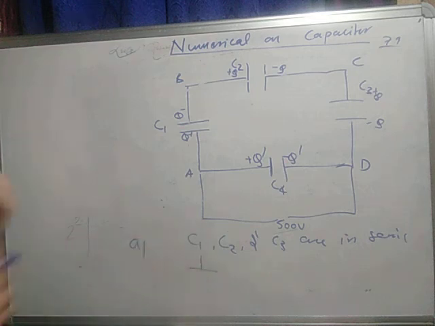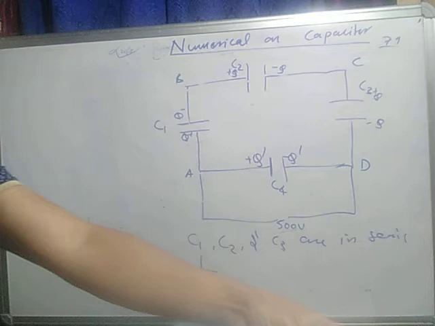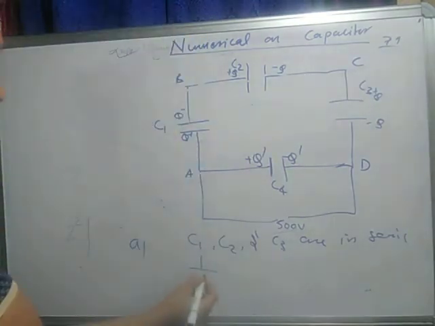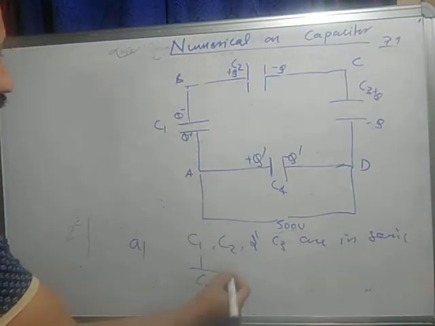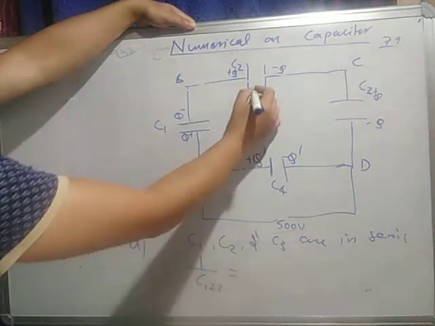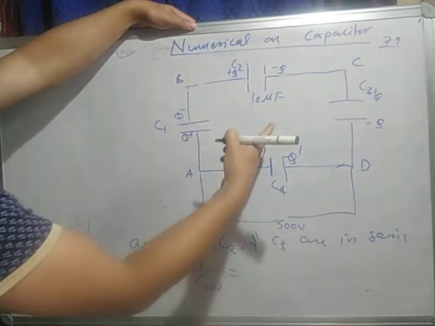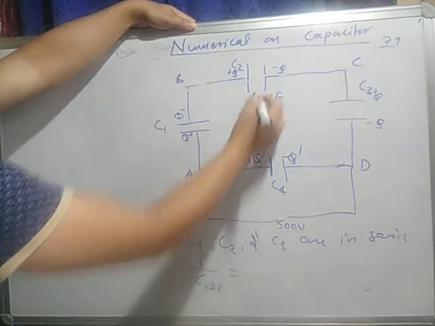Find the equivalent capacitance. Let's do A first. So C1, 2, 3 equals how much? All are 10 microfarad, isn't it? Read the question, all are 10 microfarad.